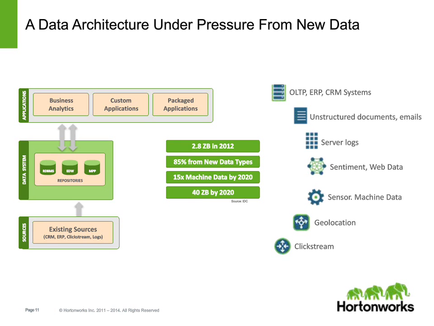But the challenge has been that we have a lot of digital exhaust. We have a lot of new data types that have been arriving, whether it's server logs or unstructured documents, emails, geolocation information. Everyone has probably heard about or at least been exposed to the notion of the Internet of Things, which is driven off of sensor data or machine data.